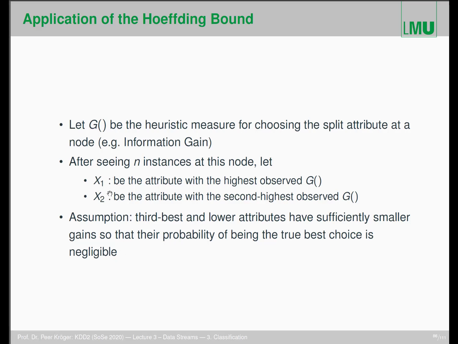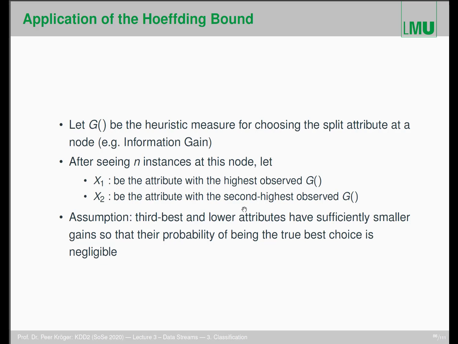So we have two attributes we are looking at. The first one, the best so far after seeing n instances at a node, is x1, and the second best is x2. We would like to be confident enough that x2 does not overtake x1 anymore, so to say.